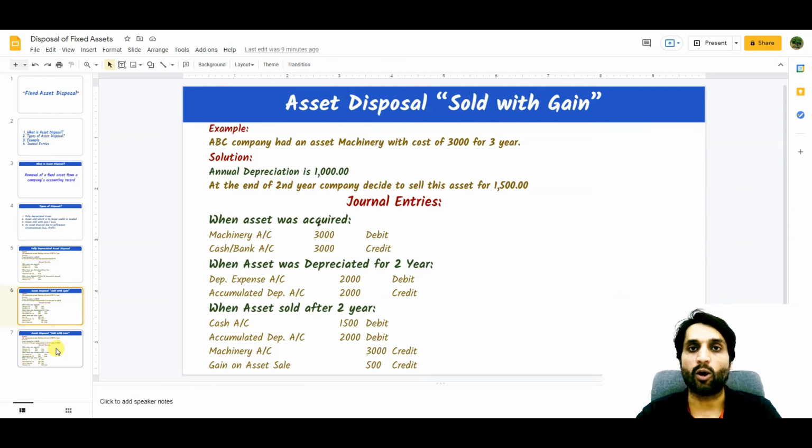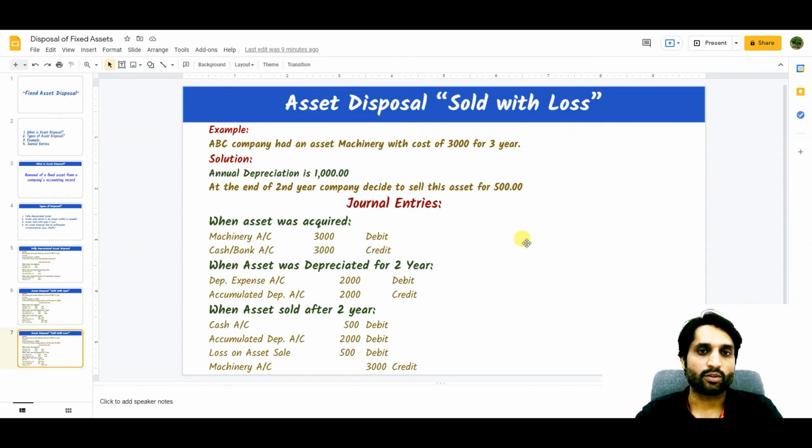Now let's see if there is a loss when we are selling an asset. Suppose the same example: we had an asset for 3,000 for 3 years, yearly depreciation 1,000. After 2 years we decided to sell this asset for 500 instead of 1,500. The journal entries when we acquired the asset are the same: machinery debit, cash or bank credit. When the asset was depreciated for 2 years, we made the entry for 1,000 each year: depreciation expense account debit and accumulated depreciation credit.